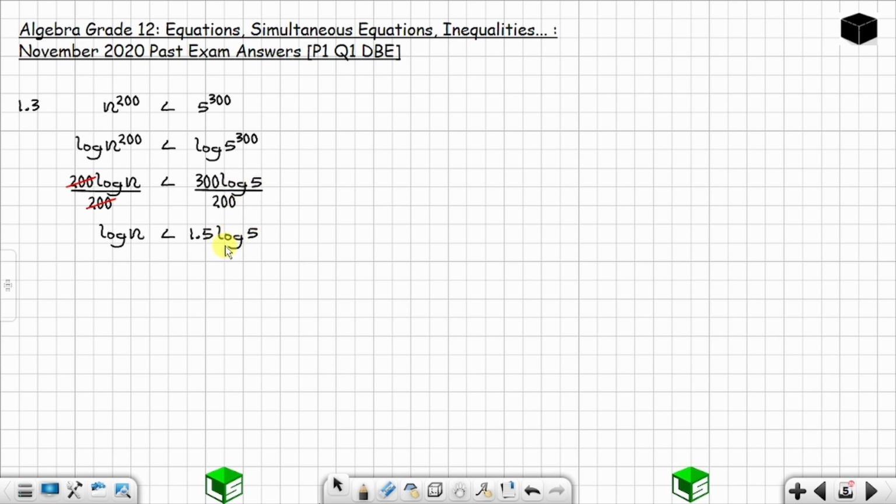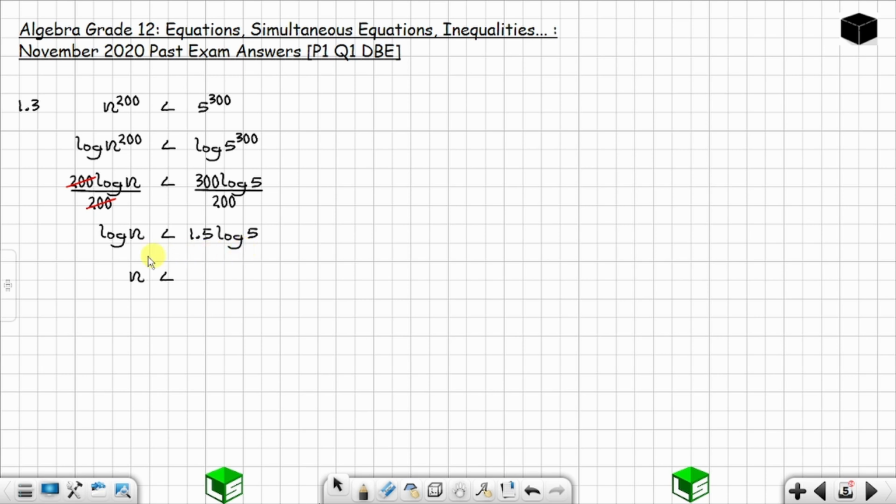I hope you can see that, and you can carry on. If you have log written like this, there is an invisible base which is 10. Normally we don't write it.